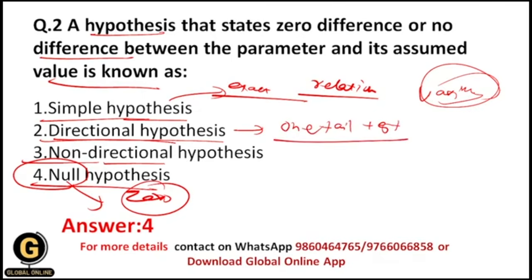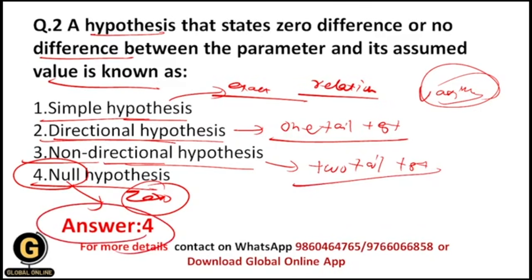I think we have seen this test in yesterday's video, so for that you can refer to yesterday's video. And what is non-directional hypothesis? This is exactly opposite to the directional hypothesis, because here the hypothesis does not state the direction of the results of the test, and that's why this hypothesis is tested by two-tail test. Okay, two-tail test, and that's why your correct answer should be 4 students, which is null hypothesis.